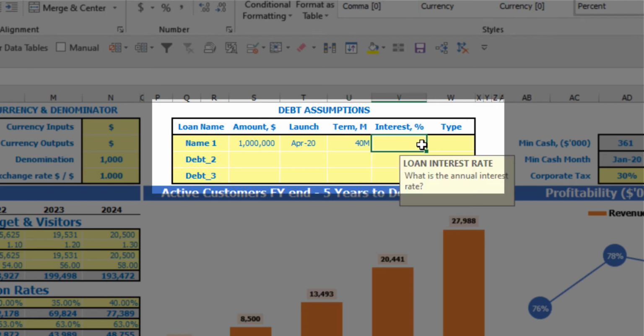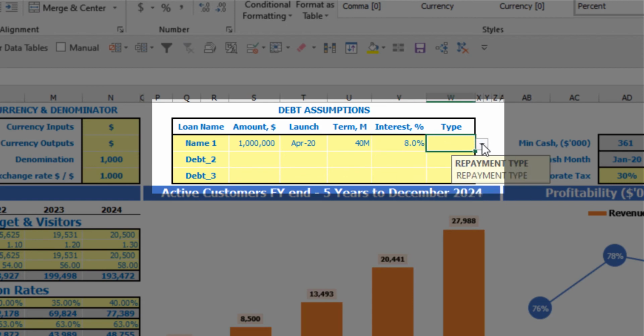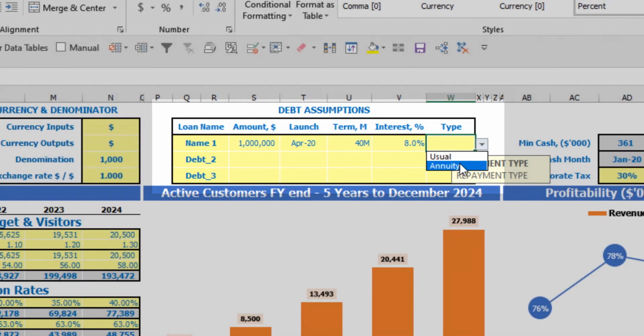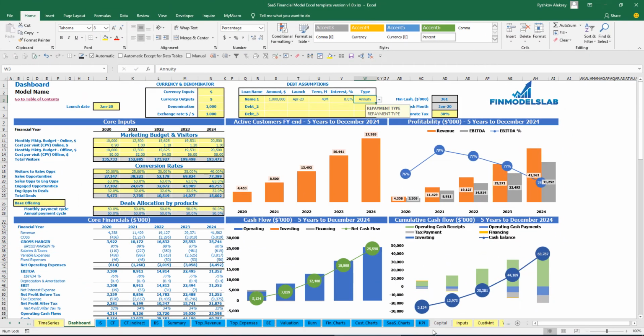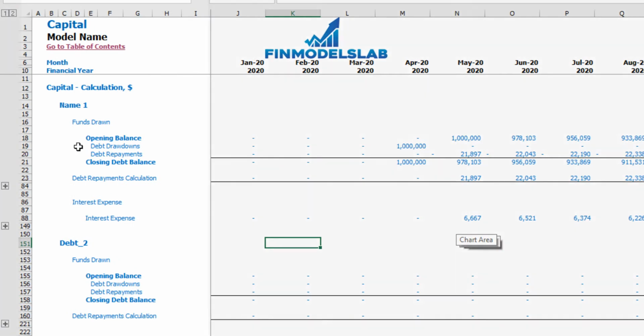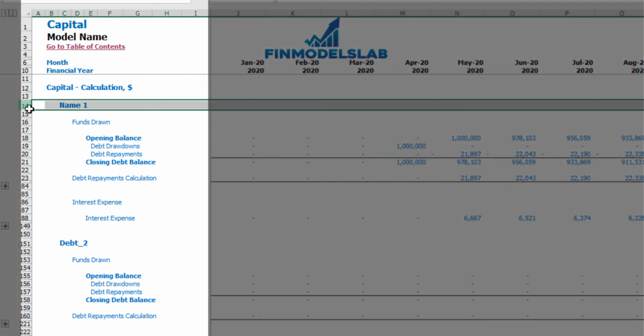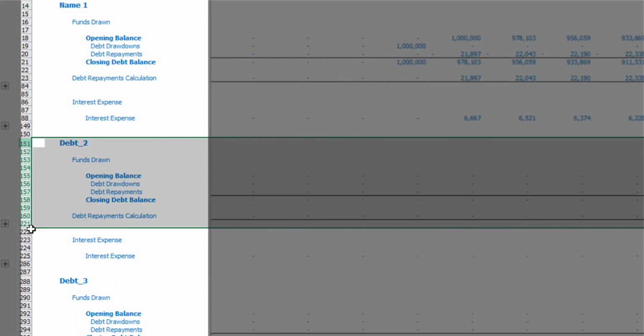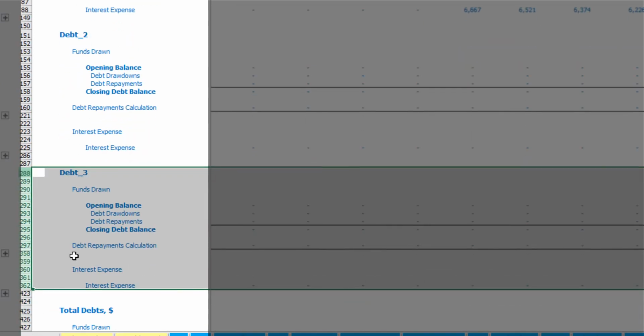Set the interest rate, let's say it's 8%, which is annual interest rate, and you have 2 options to use annuity or to use usual debt. If you will select annuity, you can go to the Capital tab and you will see the calculation for all these 3 debts, debt number 1, debt number 2 and debt number 3.